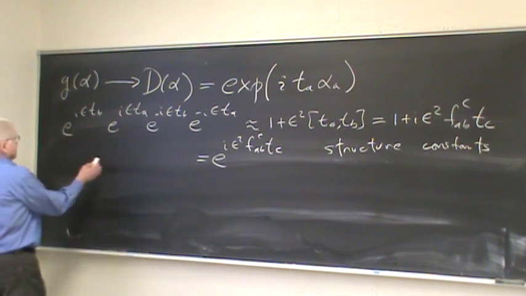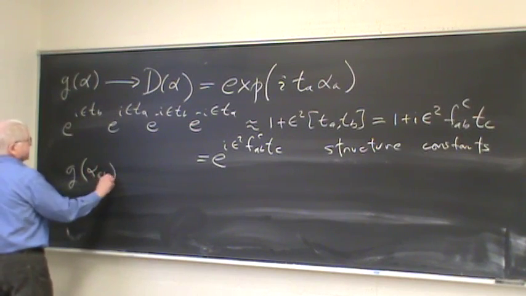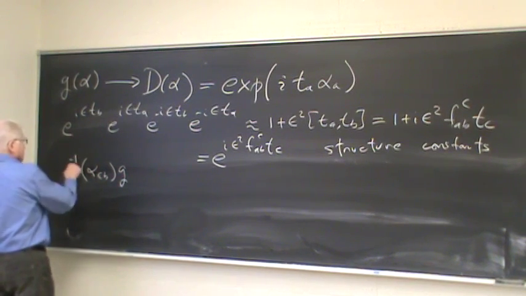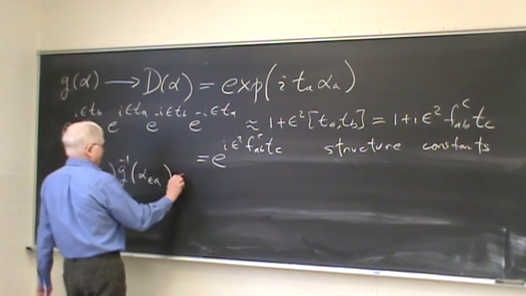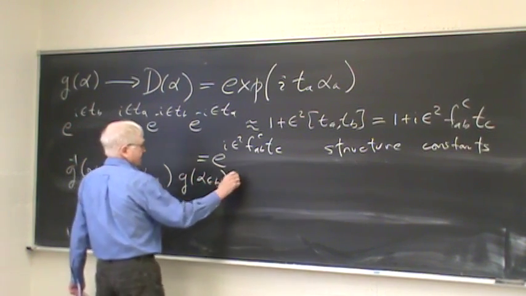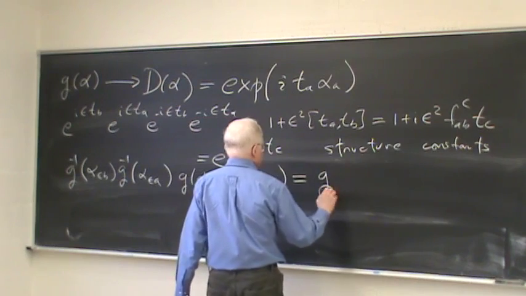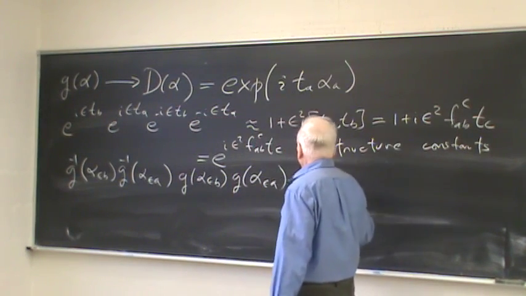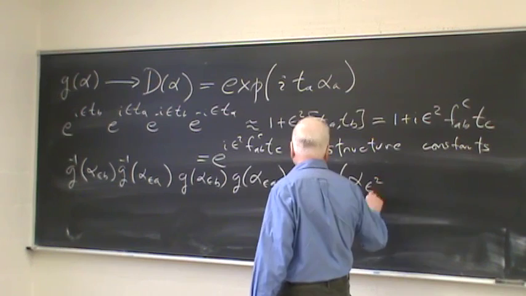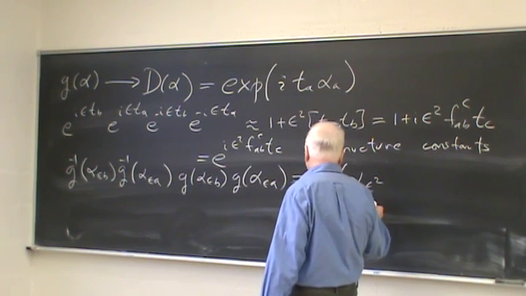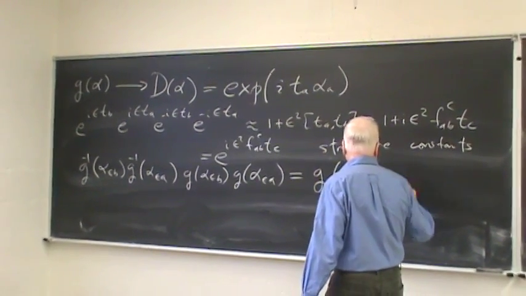In other words, the multiplication law here is G of alpha sub epsilon B, G, actually this is G inverse, G inverse of alpha sub epsilon A, G of alpha sub epsilon B, G of alpha sub epsilon A is equal to some G of this new alpha epsilon squared, and it's actually f_{AB}^C T_C.